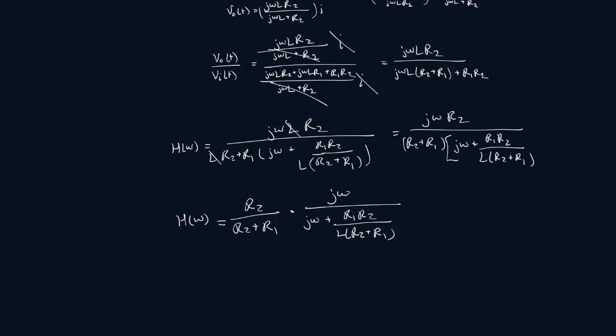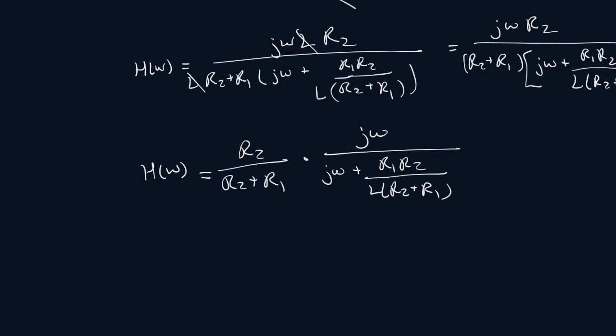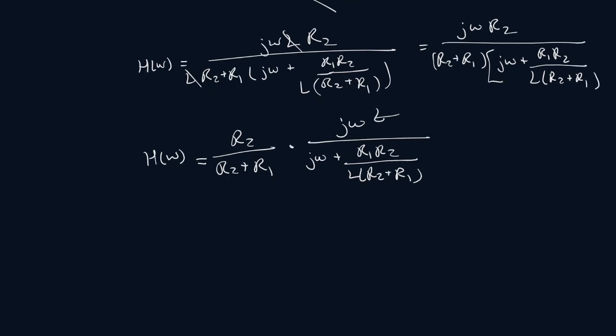Now, before we find out the band type of this circuit, let's get the magnitude first. Obviously this is going to be a constant, so we can keep this to the side and just focus on this portion. The magnitude of JW will just be W. And then this one will be this squared plus this squared, all to the square root.